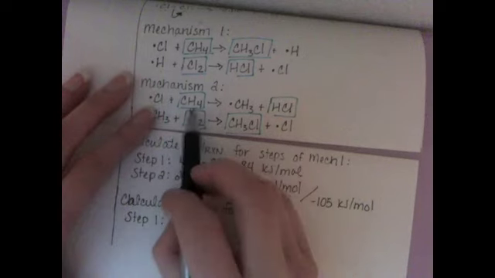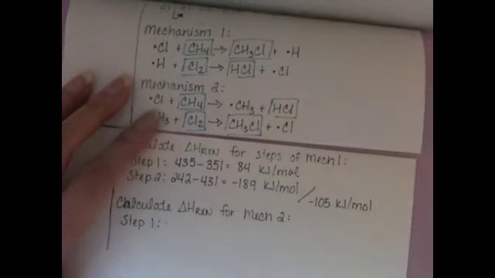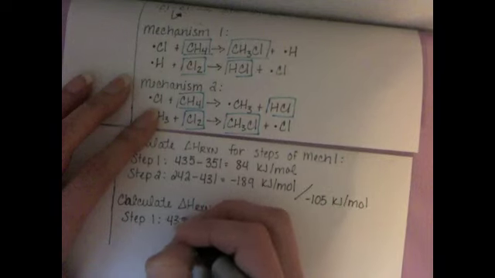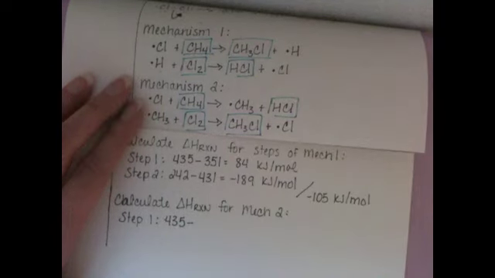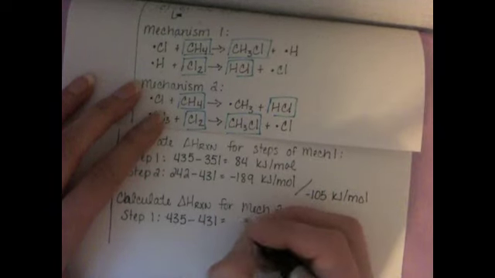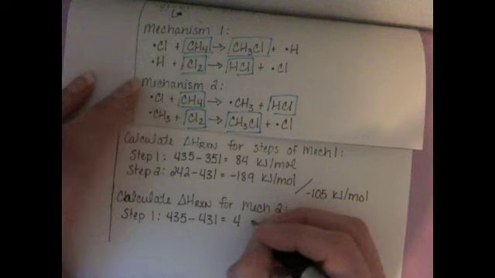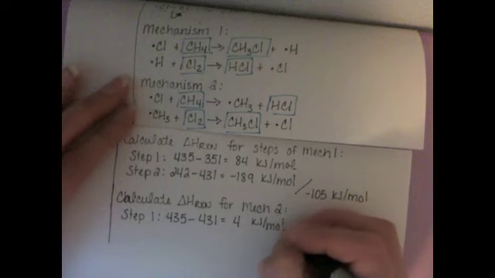In step 1, we're breaking a carbon-hydrogen bond in methane, a CH3-H bond, 435, and we're making an HCl bond. If we go to the table for that, an HCl bond is 431. That reaction has a delta H of 4 kilojoules per mole.